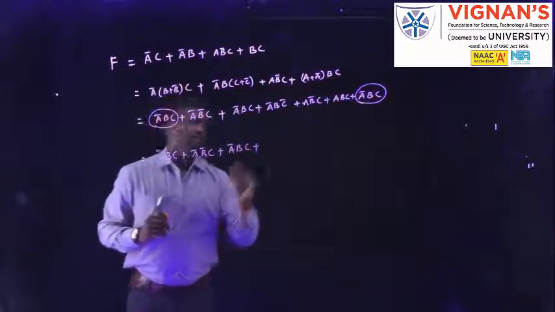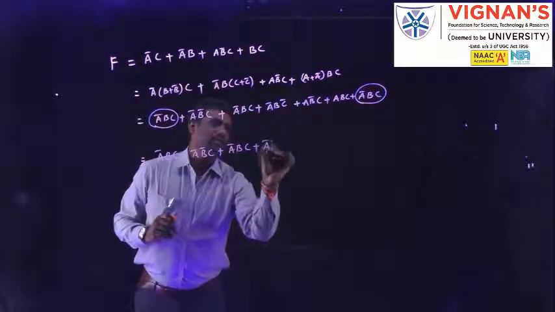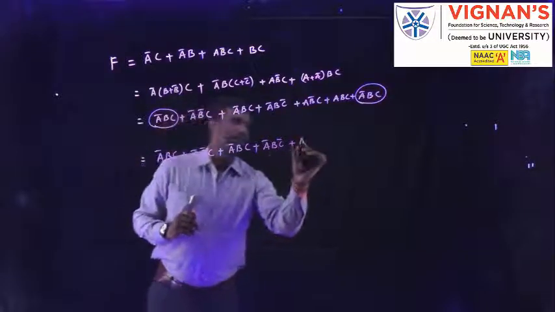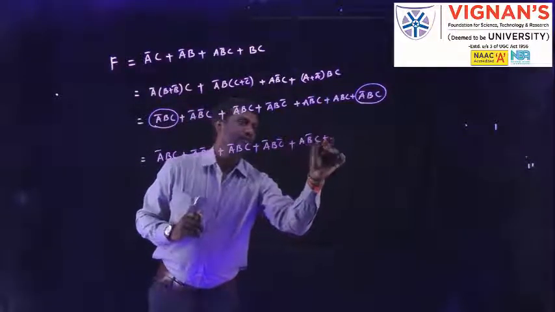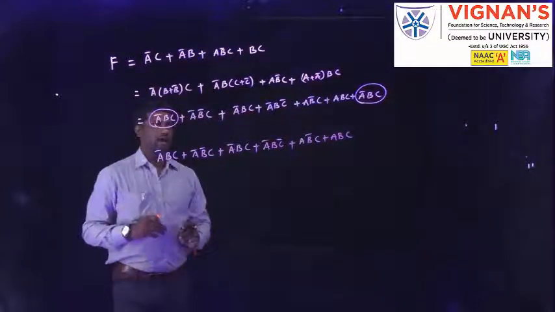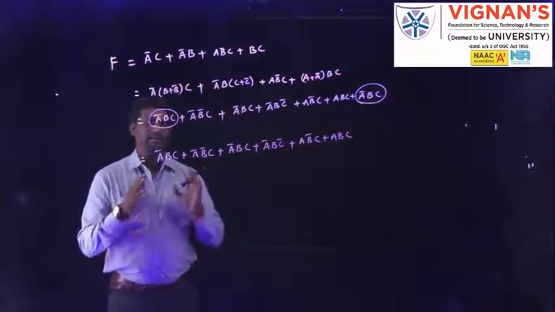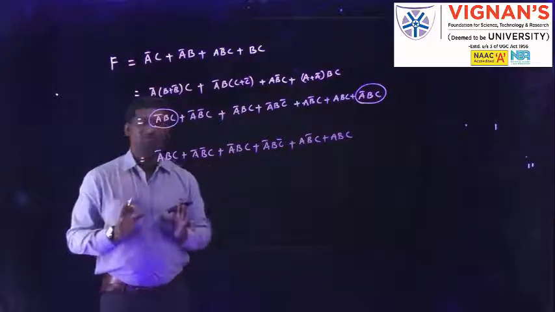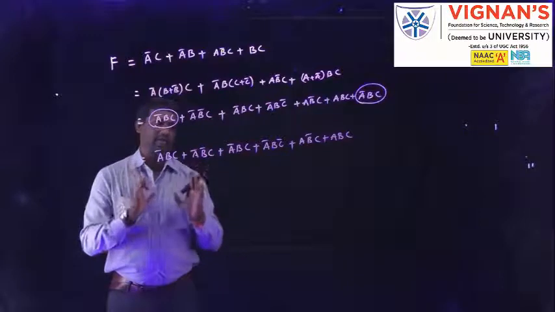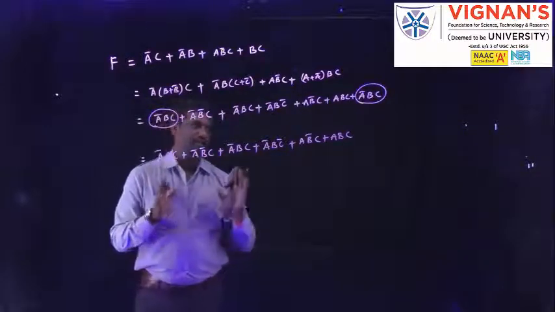Similarly, a bar b c bar, no term is repeated. That's why a bar b c bar plus. As usual, a b bar c is also not there and a b c is also not there. So after replacing the repeated terms, this is the final canonical expression of the Boolean function in SOP form.